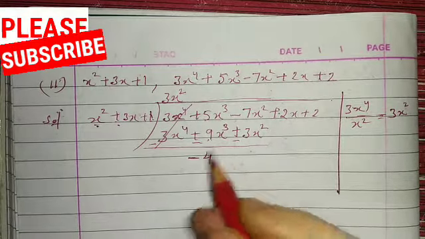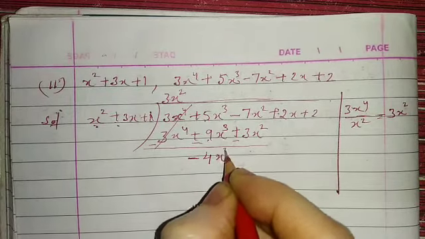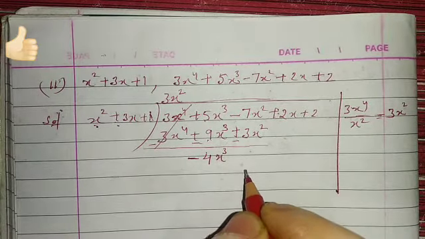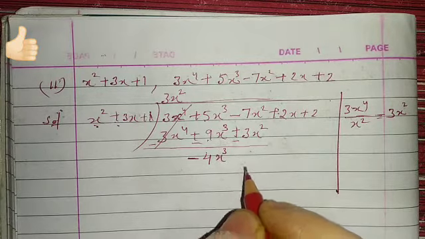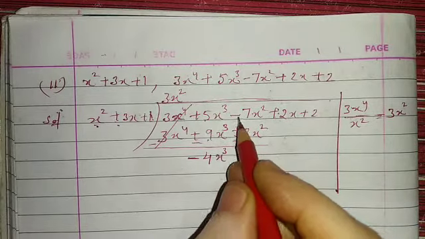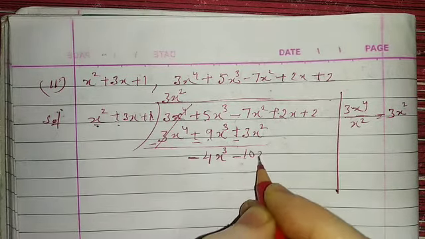Always subtract the smaller number from the greater number, and this is x cube. Both are like terms. You have to see whether they are like terms or not. If they are like terms, then we can add or subtract. So minus 1 and minus 1 are both negative, so you can add them, 10x square.